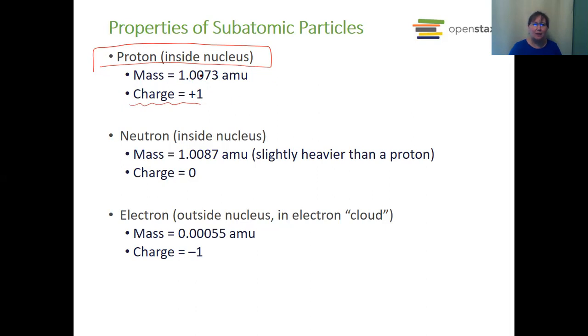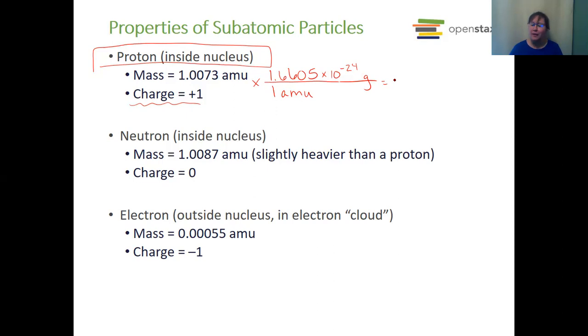So let's take this atomic mass unit and find out what the mass of our proton is in grams. Remember that 1 atomic mass unit is equal to 1.6605 × 10⁻24 grams. So let's figure out the mass of a proton. We have 1.0073 times 1.6605 EE, remember that EE button, negative 24.